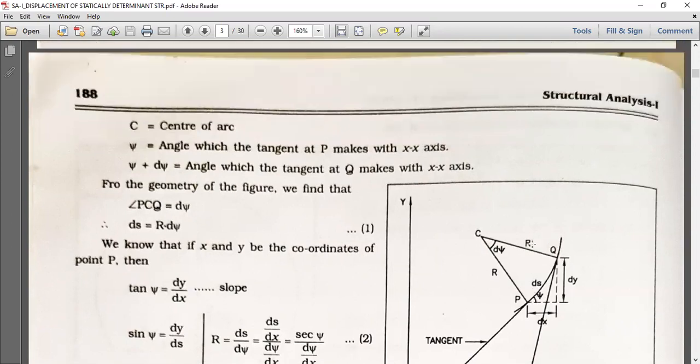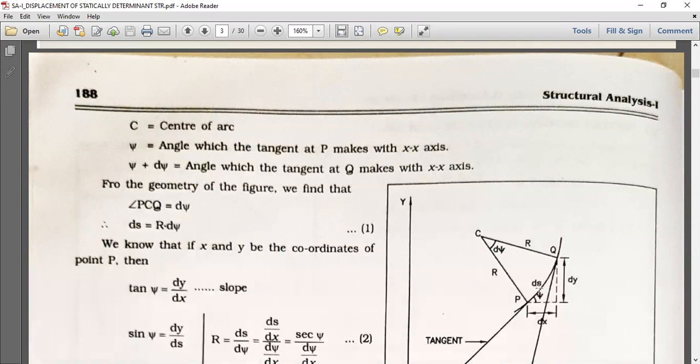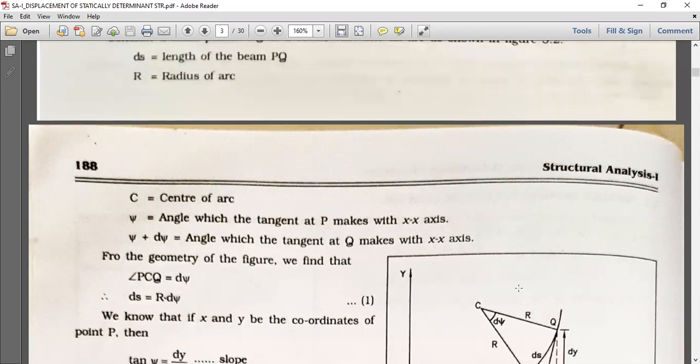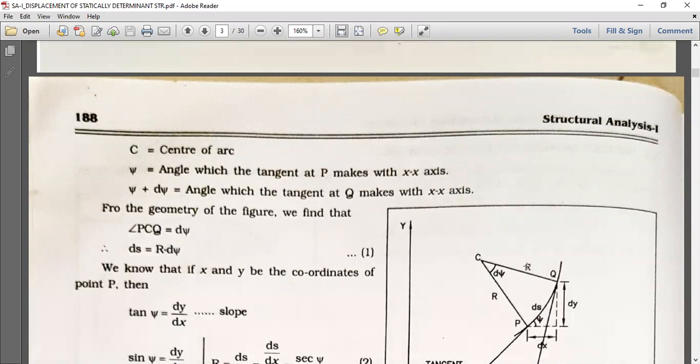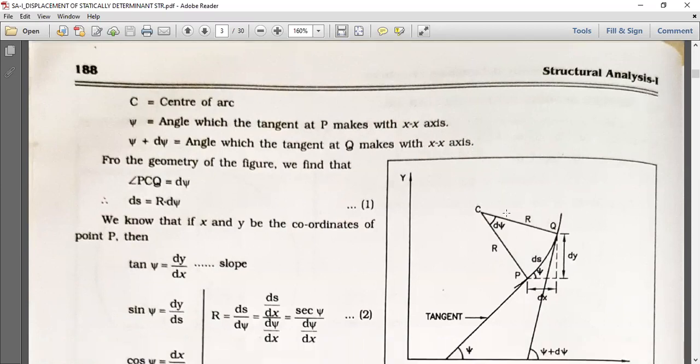PQ is taken, ds is equal to the length of beam PQ, r is the radius of arc, C is the center of arc, psi is the angle which the tangent at P makes with the X axis.